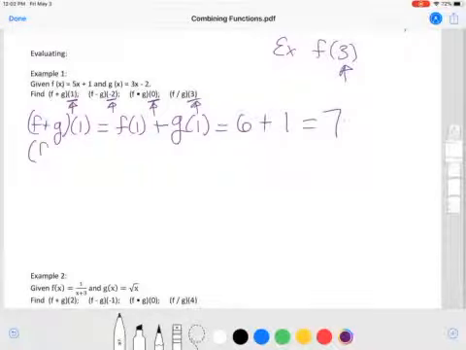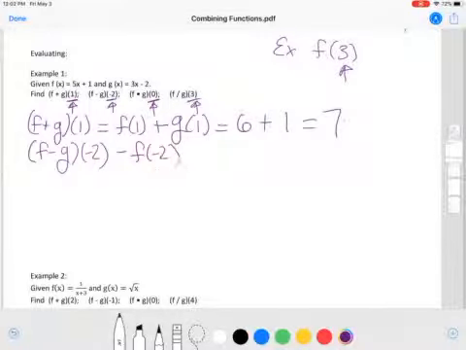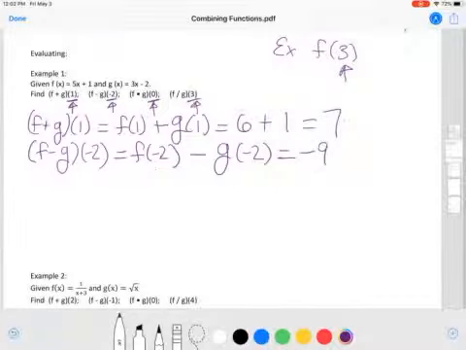Now, let's find f minus g of negative 2. That's the same thing as saying f of negative 2, and I want to subtract g of negative 2. If I find f of negative 2, I'm going to take negative 2 and plug it into my f function. So that's going to give me a 5 times a negative 2, which is a negative 10. And then a plus 1 gives me a negative 9.